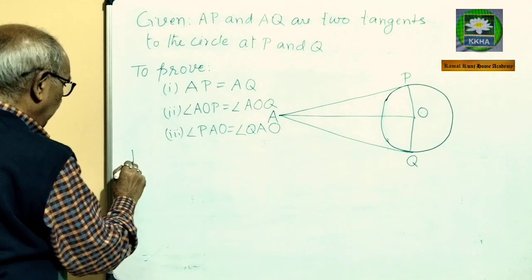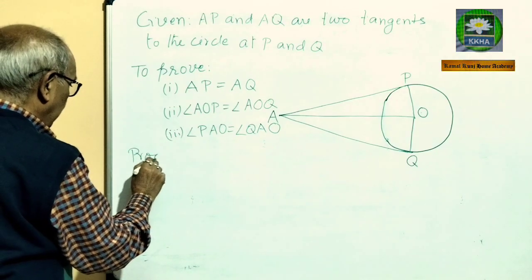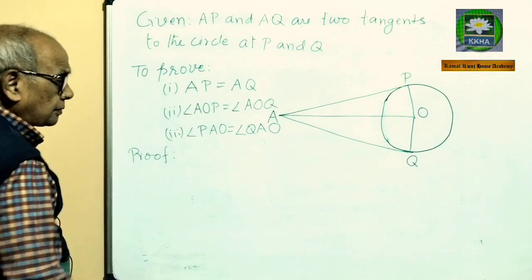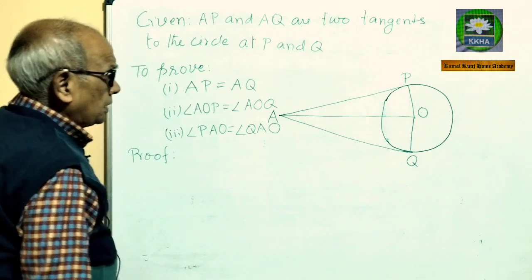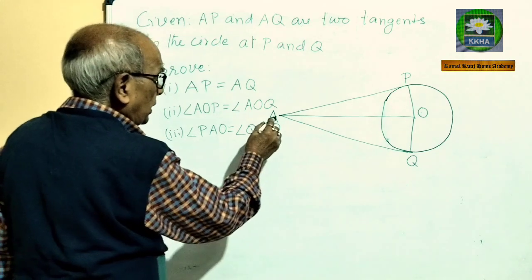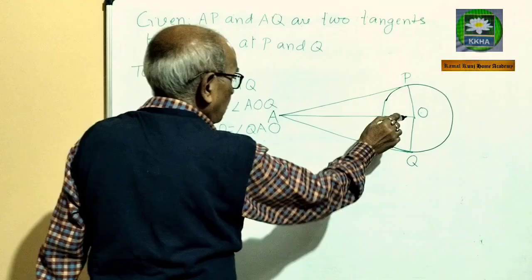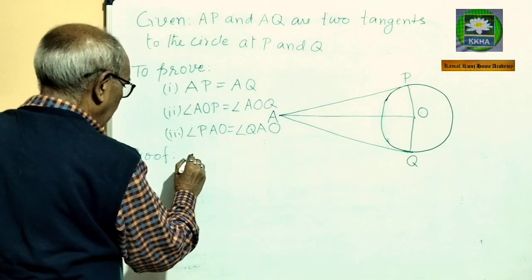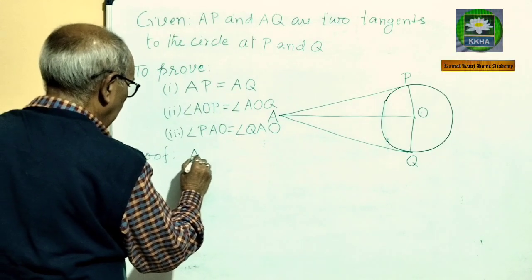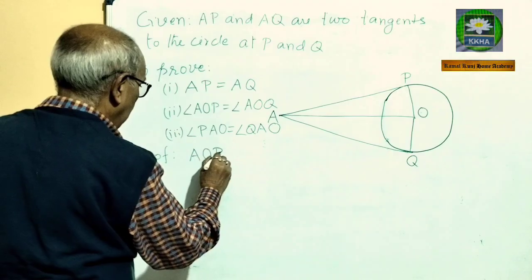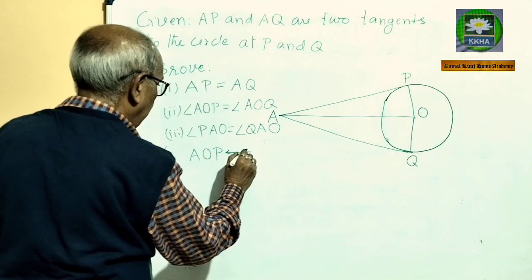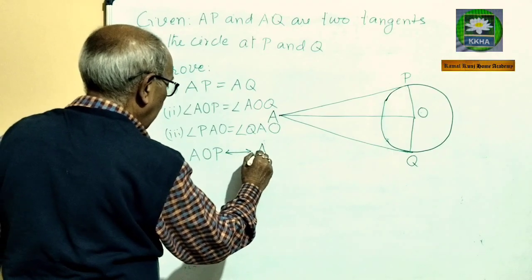Now proof. Let us consider one-to-one correspondence between triangles AOP and AOQ.